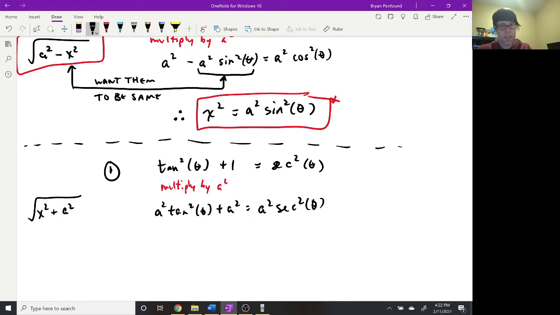Now we have something that kind of looks like the thing that's underneath the square root, right? I have a variable thing plus a squared. So it kind of looks like the thing that we want.